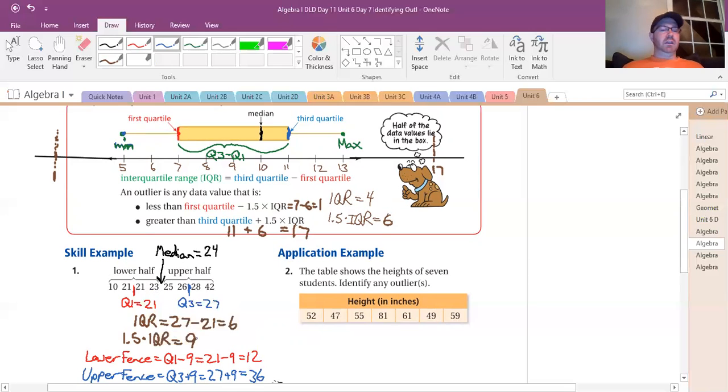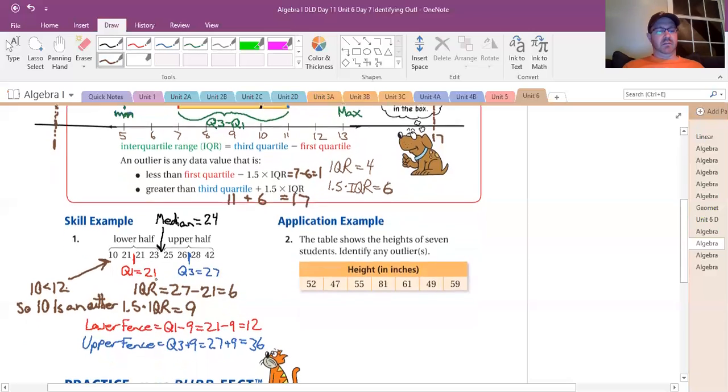Okay, so here's what we have. If I identify the fences here, the fences actually are at 12 and at 36, and I see that, wait a sec, 10 is less than 12, so 10 is an outlier. 10 is an outlier.